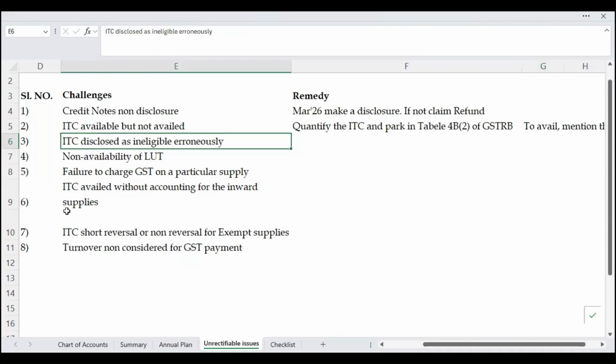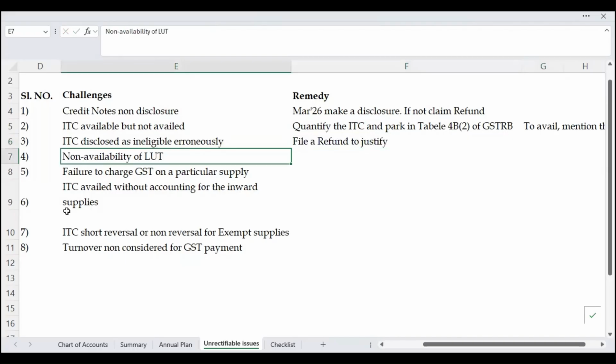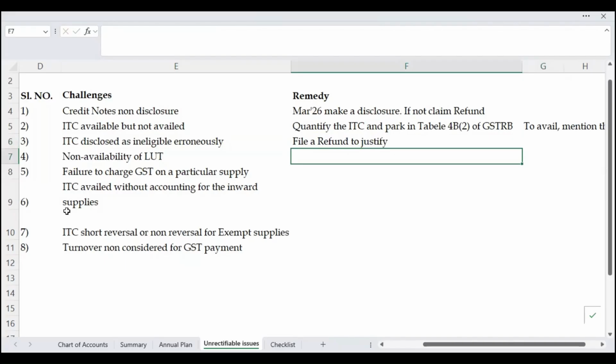ITC disclosed as ineligible erroneously: I have to take the input tax credit, but by mistake I have shown it as ineligible. File a refund application to justify. Non-availability of LUT: make a letter to the jurisdictional office for condonation.